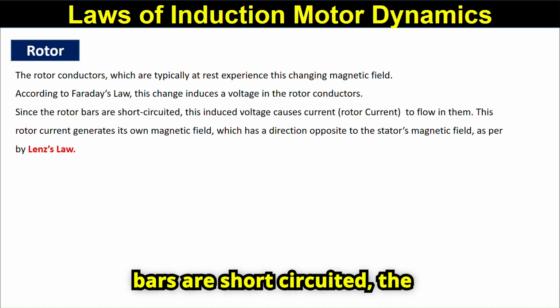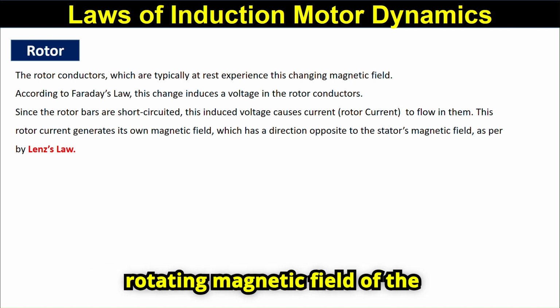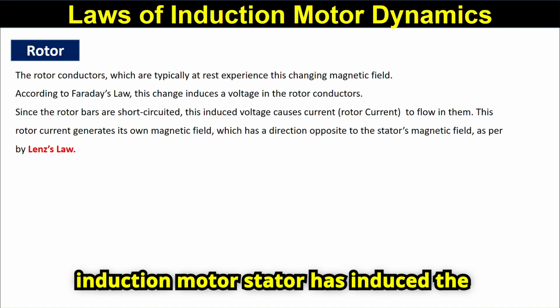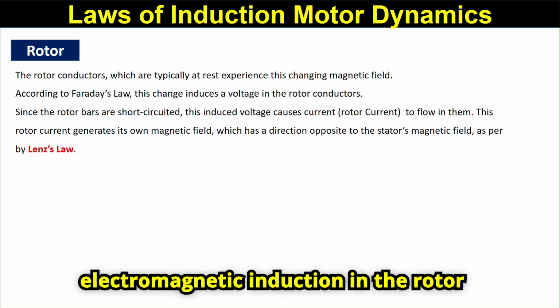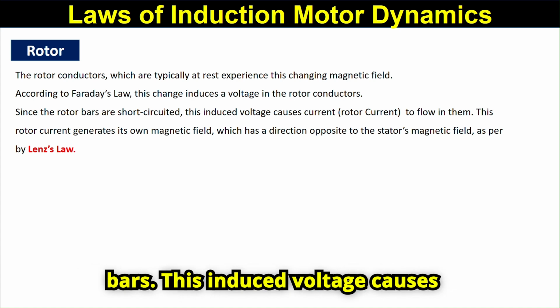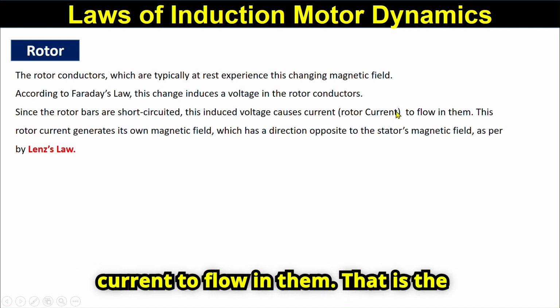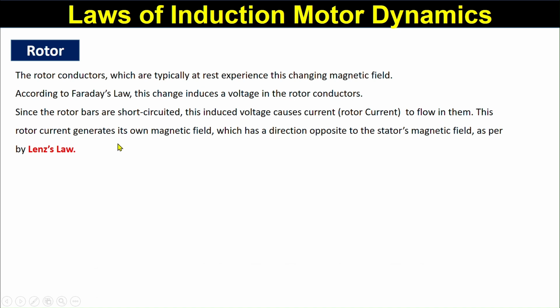The rotating magnetic field of the stator induces the voltage in the rotor bars as per Faraday's law. This induced voltage causes current to flow in them. That is the rotor current.